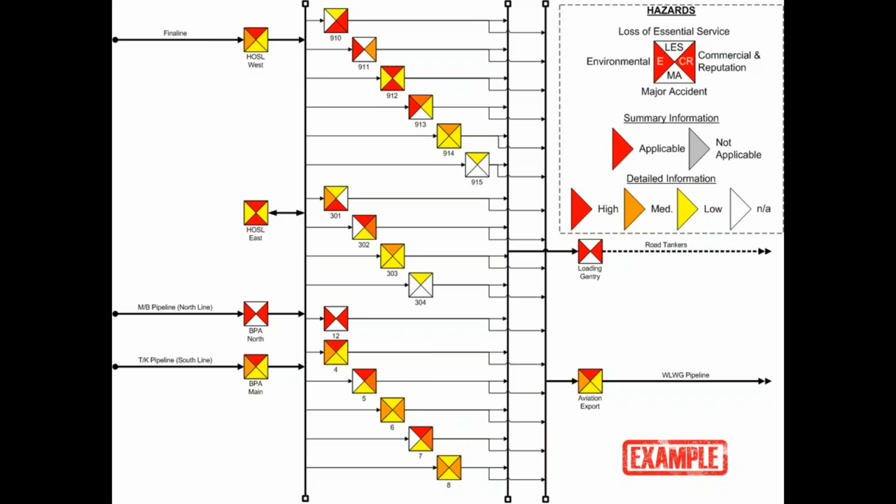These can be simply color-coded, either red or grey, depending whether such a hazard is applicable or not, or in a more granular format, is the scale of the hazard high, medium, low, or not applicable. So this gives us a dashboard effectively of our physical assets and where we know, or we should know, possible hazards may exist.